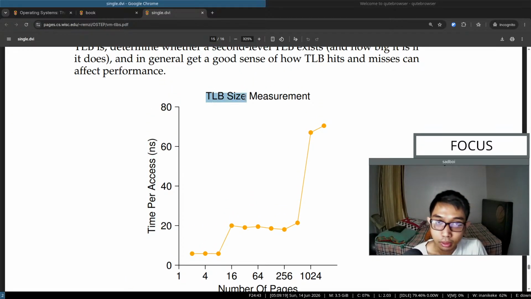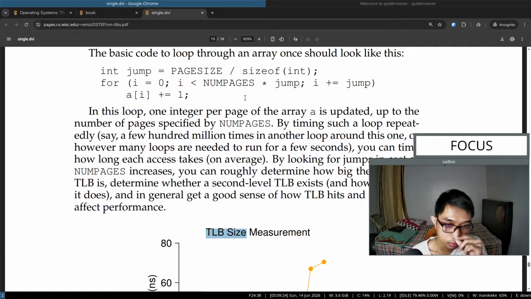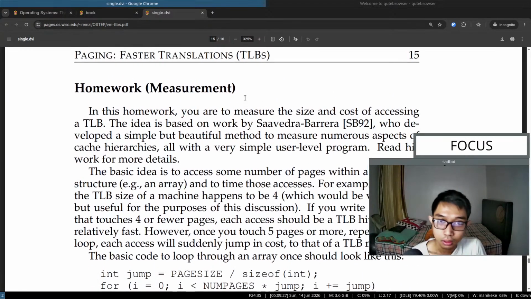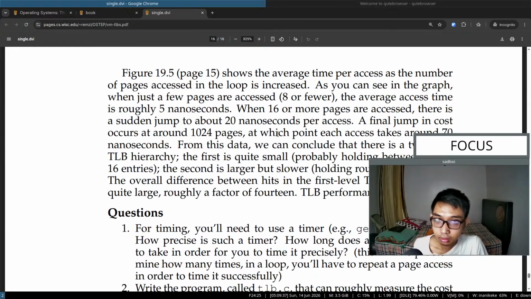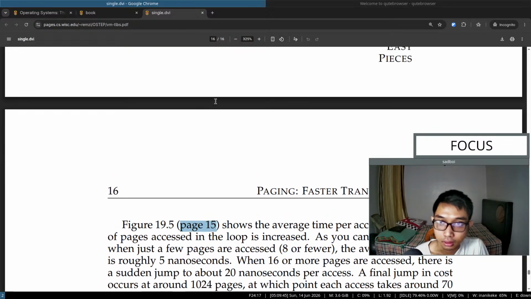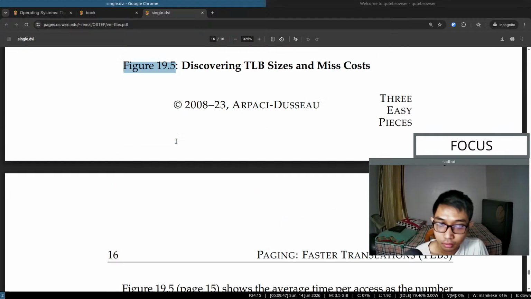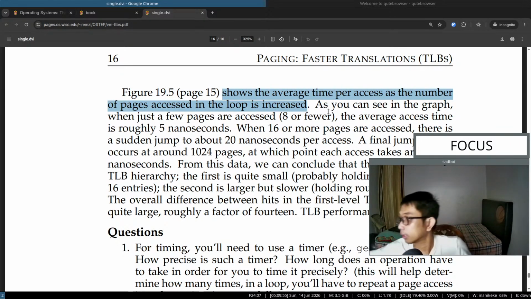I'm assuming the TLB size in this diagram is 4, according to this example.